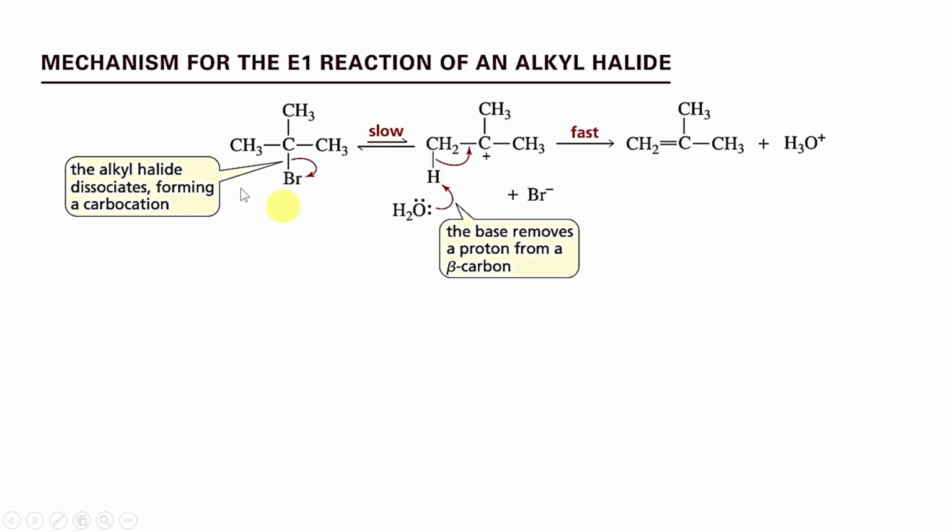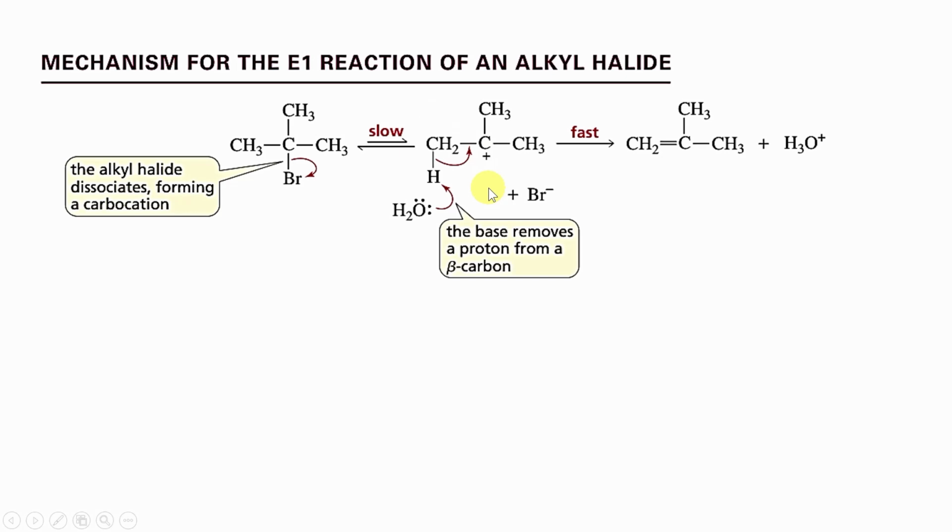So the mechanism is unimolecular because only the substrate molecule, the alkyl halide, takes part in the rate determining slow step, where heterolysis of the carbon-halogen bond takes place to form a carbocation.